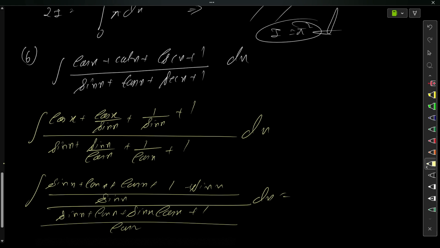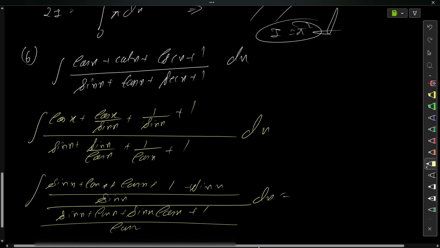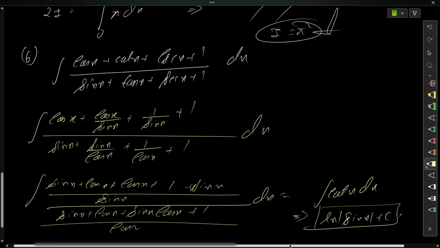So from here, what I can say is that this could be written as the integral of cot x dx. So the integral of cot x is ln mod of sine x plus c, and here's the answer.